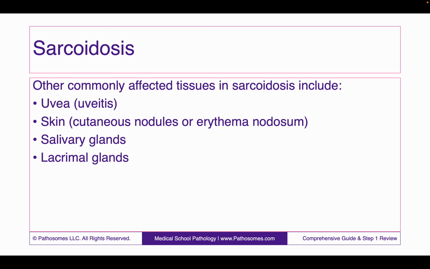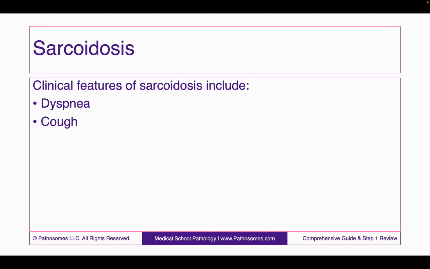So other commonly affected tissues in sarcoidosis include the uvea, right, which causes uveitis, or the skin might be involved with these classically seen things, actually, erythema nodosum, right? The salivary glands may be involved, as well as the lacrimal glands. And the clinical features of sarcoidosis include dyspnea and cough.